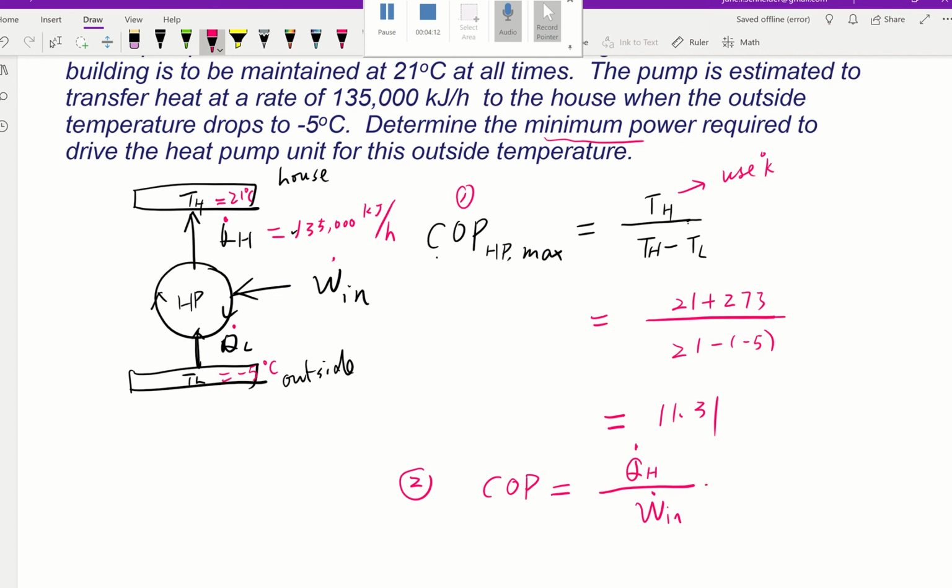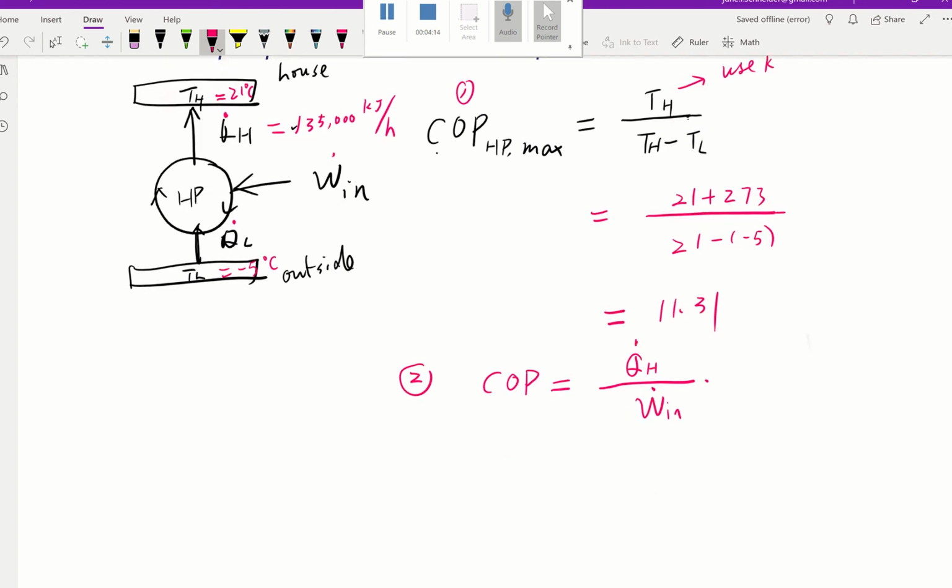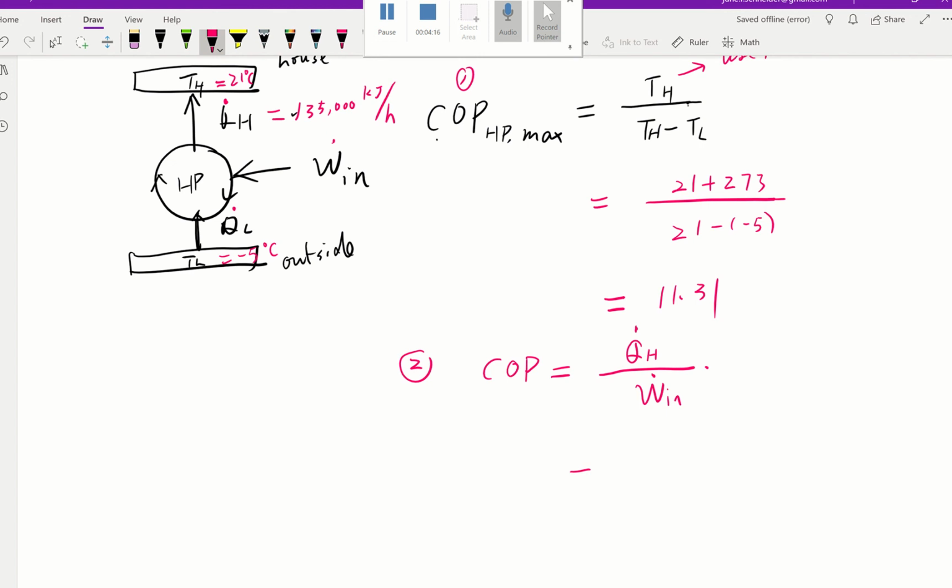And we do know for this one, our QH is 135, that's how much heat transfer rate is pumped into the dwelling, into the house. And we also know in this situation it's the most ideal.